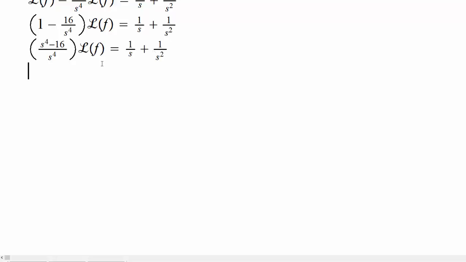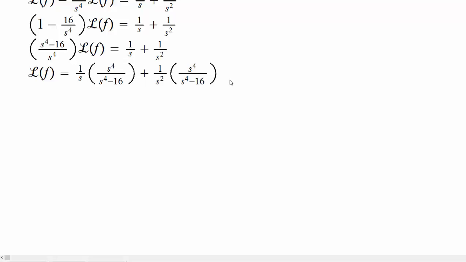So we have this, and if we multiply by the reciprocal of this quantity, we are going to get s to the 4 over s squared minus 16 here, right? And the same thing over here.